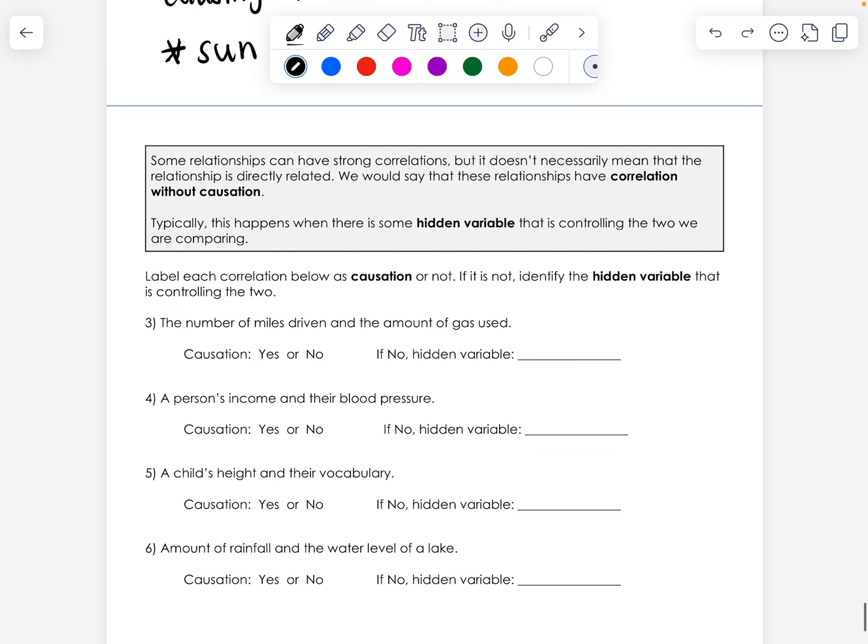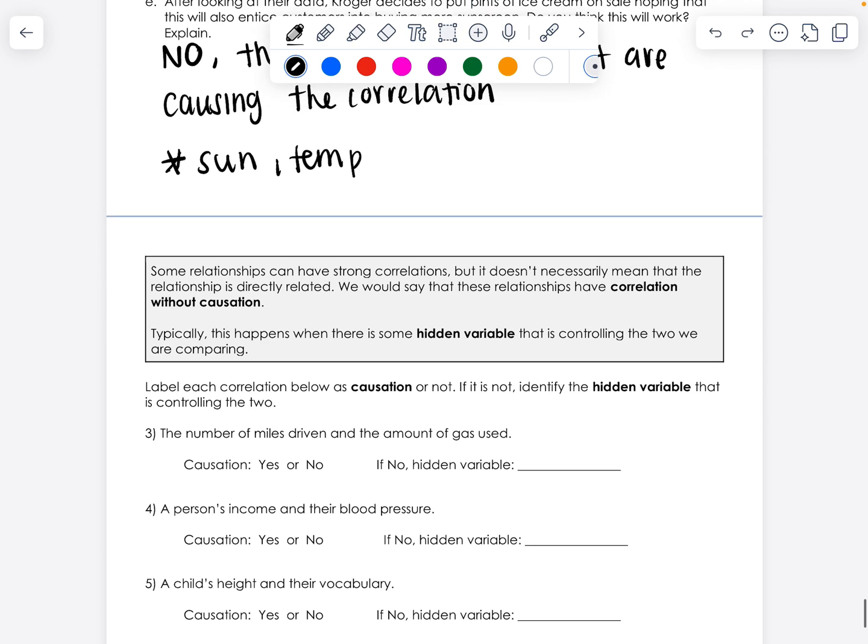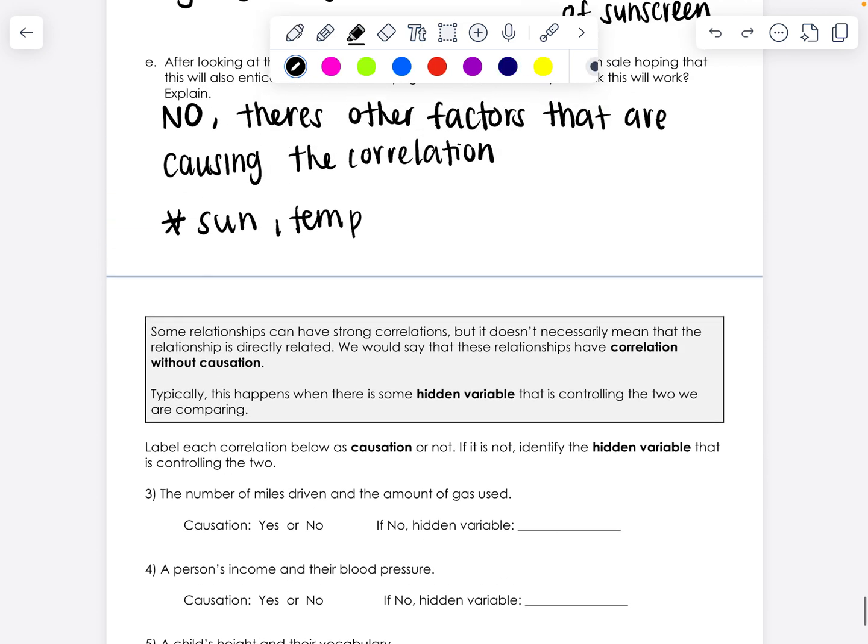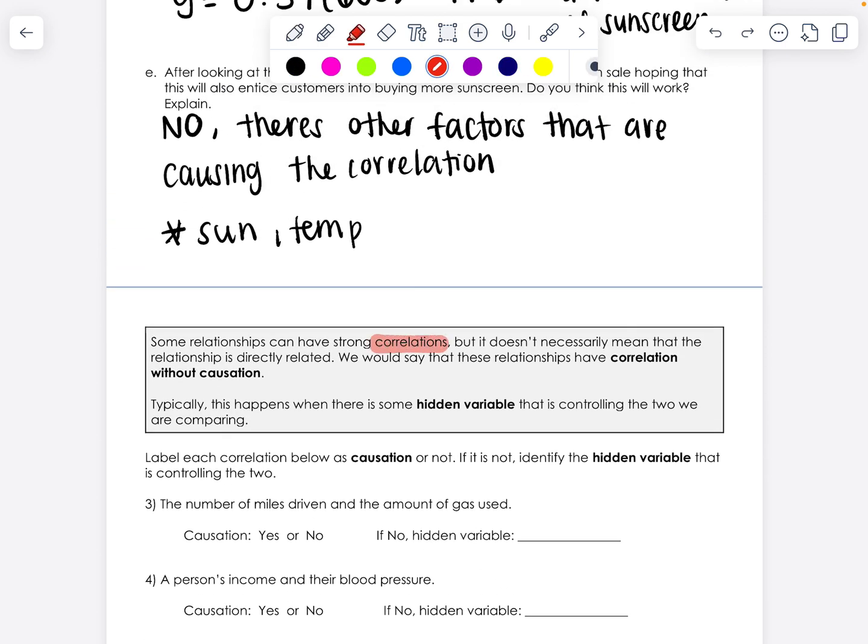And this is the whole point of today. So we want to talk about different types of relationships. Some relationships can have strong correlations, meaning we get an R value of 0.8 or higher, but it doesn't mean that they actually have a relationship that's related. We would say these relationships have correlation without causation. Typically, this happens when there's some hidden variable. So for example, I'm going to scroll back.